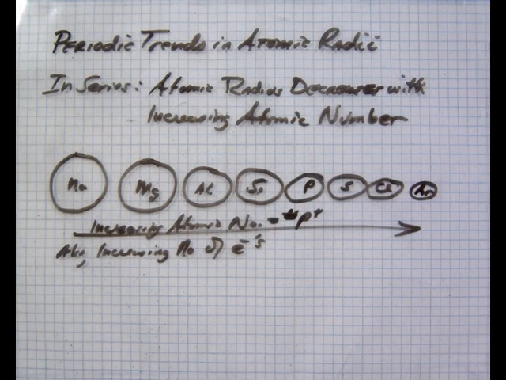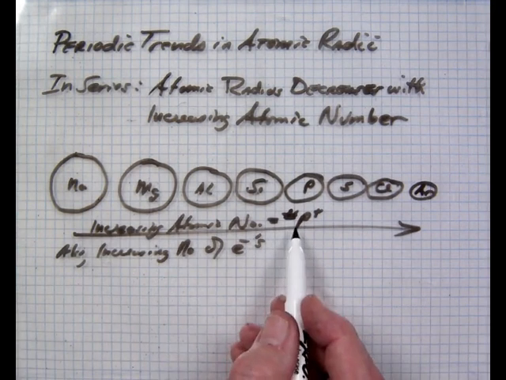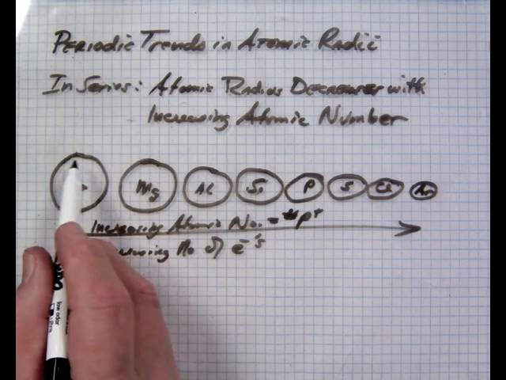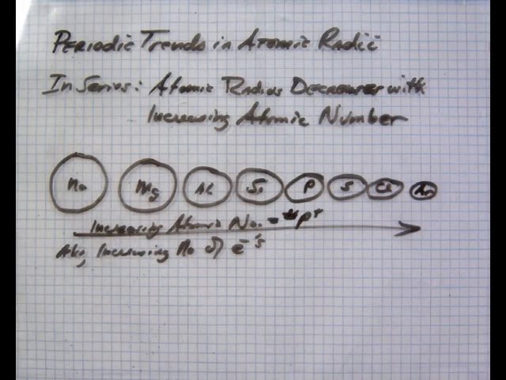So as you increase the positives, you're increasing the negatives, and the multiple increases combine to give you a greater attractive force between the nucleus and the electron cloud, and the radius begins to decrease across the series. And that's true for the main group elements.